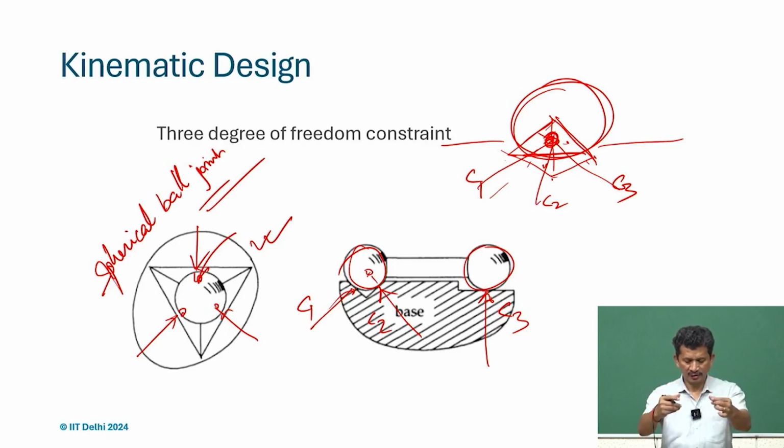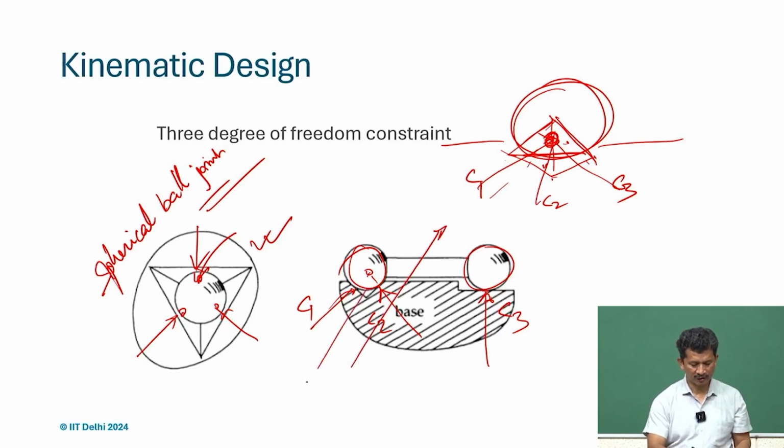It can translate along the V direction, because the flat does not oppose any motion along that translation. So, this is one DOF.